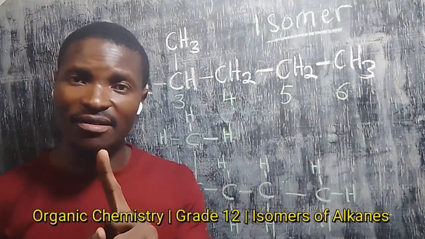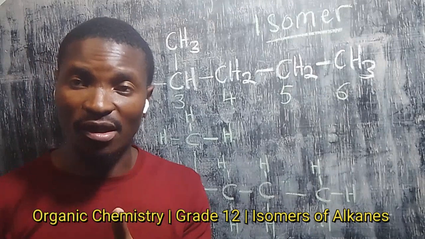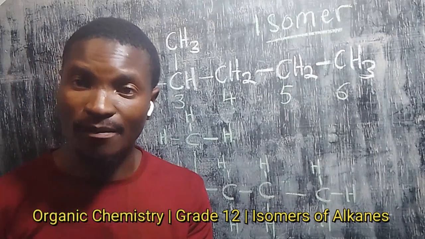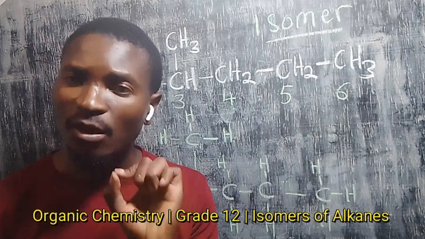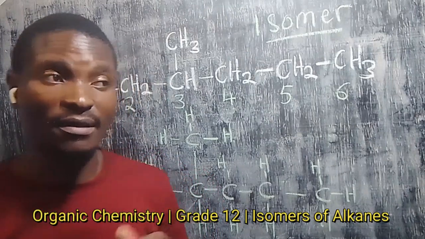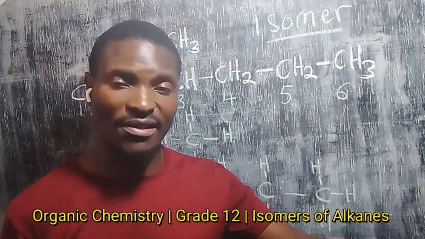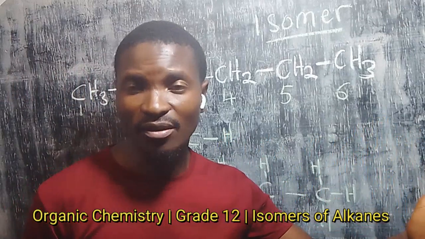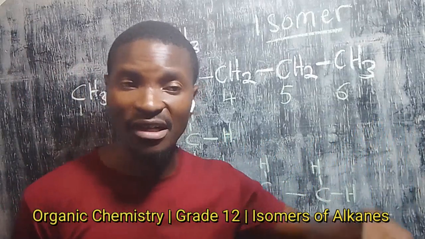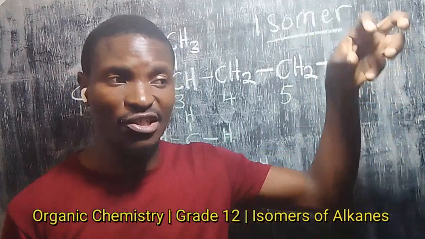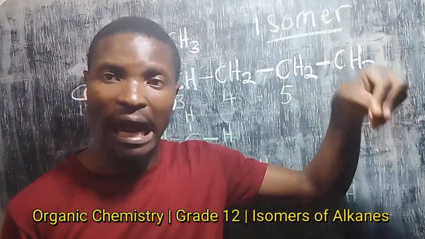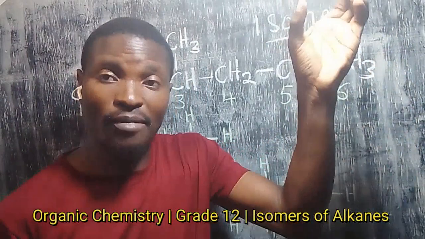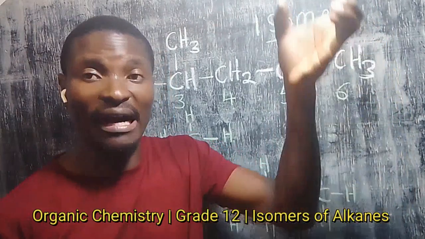So the number one thing is that the numbering is important. You have to be sure of the numbering. The idea why we are numbering is because we want to trace at which point, in terms of the branching off, at what position of the carbon is that branching occurring.